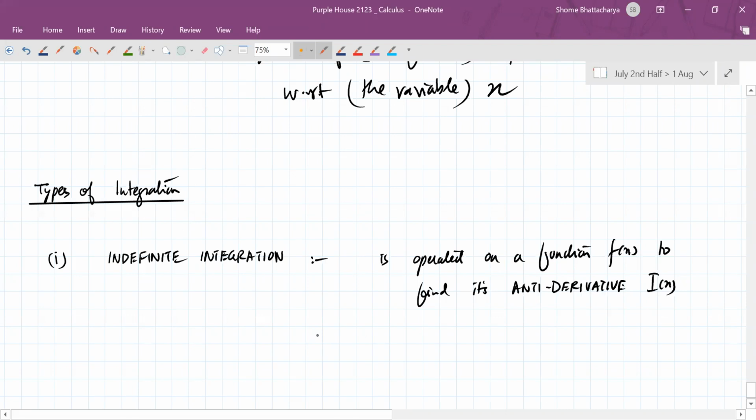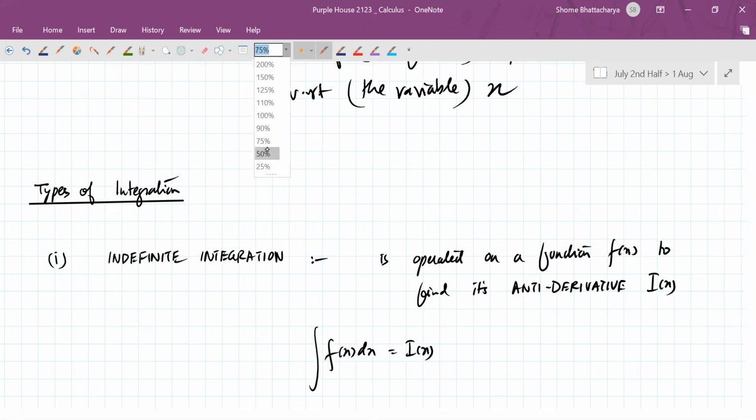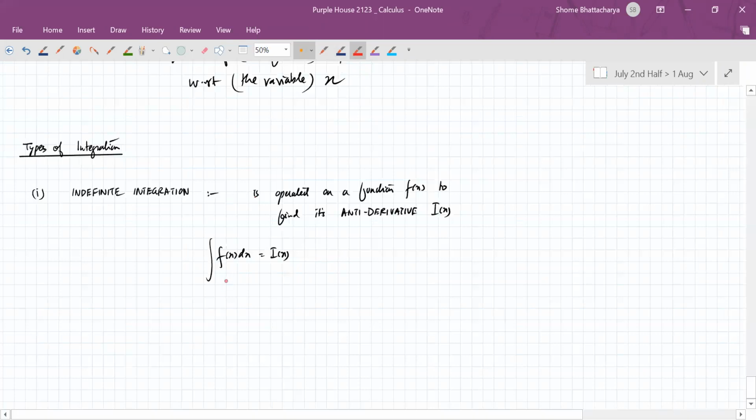Indefinite integration is the operation that gives us the antiderivative. So integration of f(x) with respect to x, the output of that operation is another function which is called the antiderivative. This statement is read as indefinite integration, or in short, integration of f(x) with respect to x.